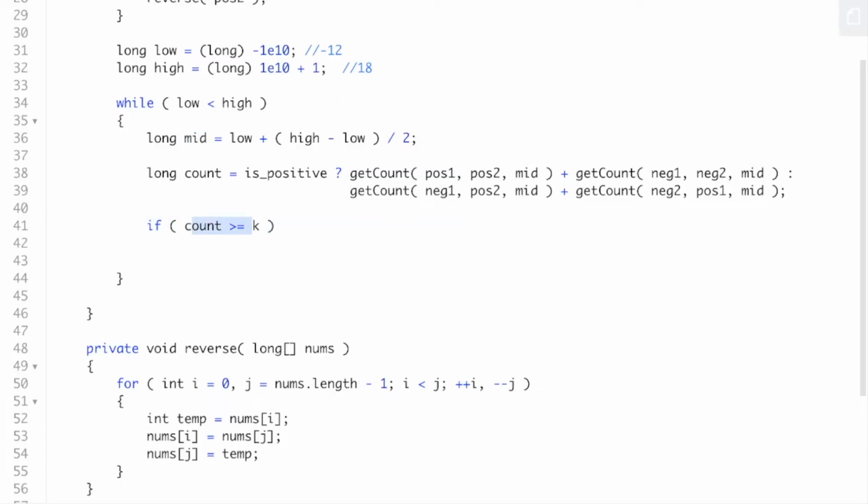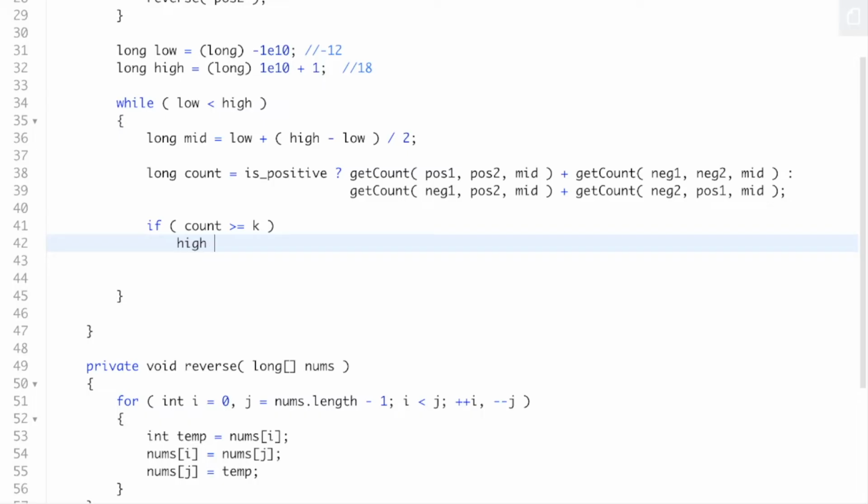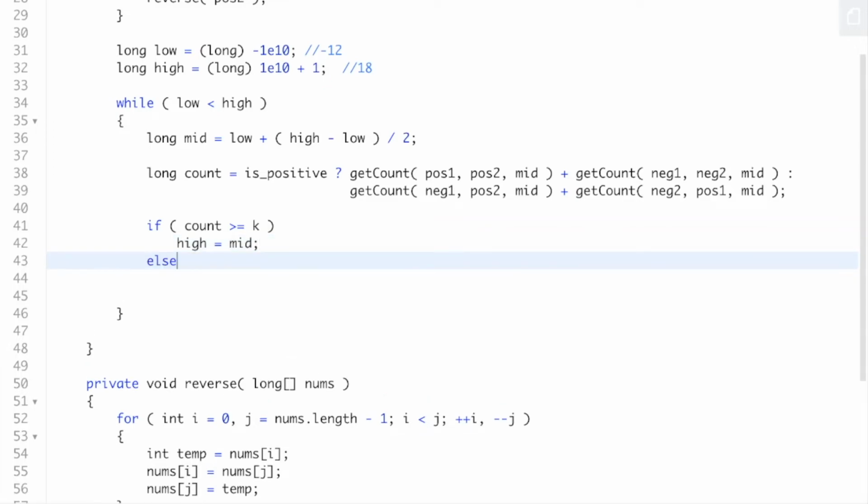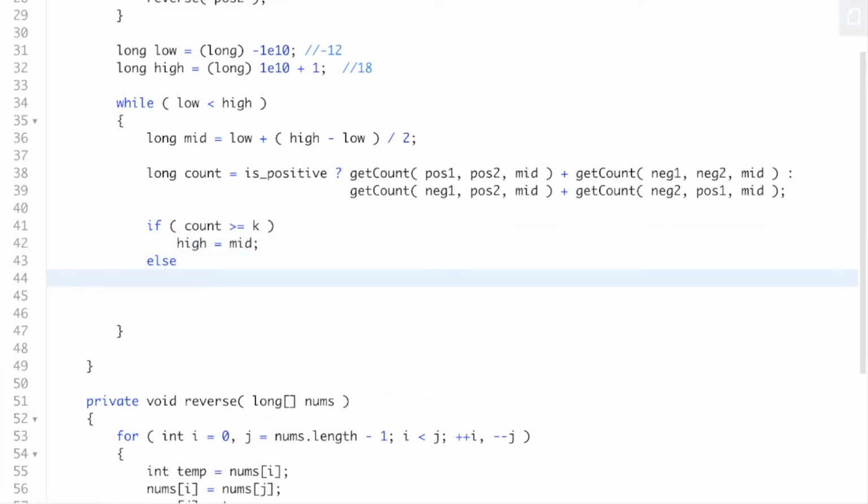So if our count is greater than or equal to k, we either have just enough products or too many, so we set our high to the midpoint, to decrease the range of our binary search. Otherwise, if count is less than k, we don't have enough products, so we set low equal to mid plus 1, to increase the range of our binary search. Okay, cool.